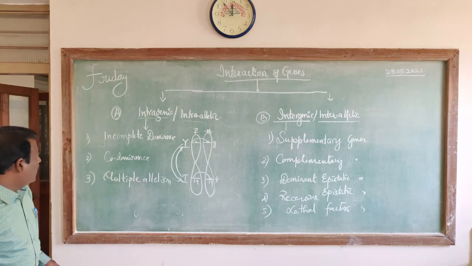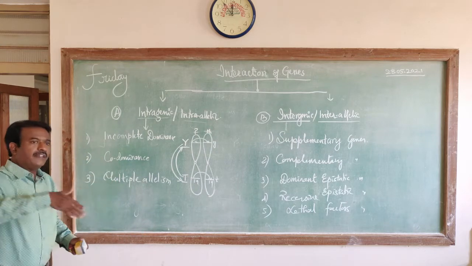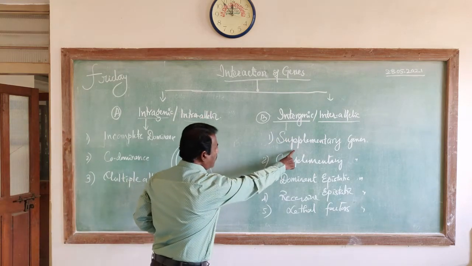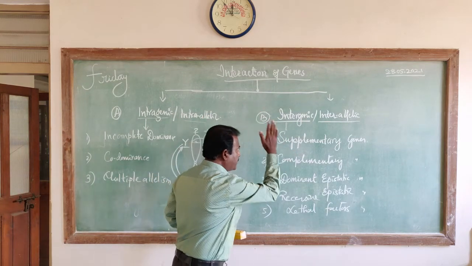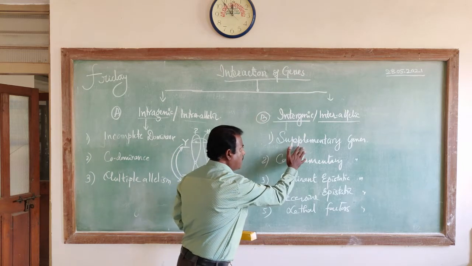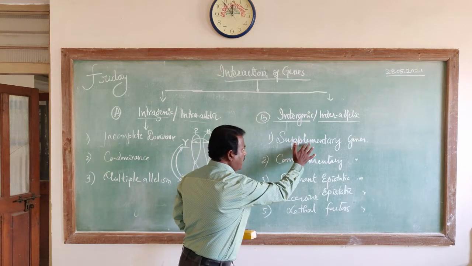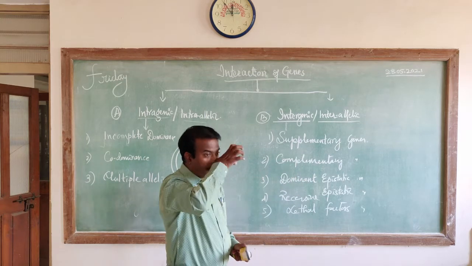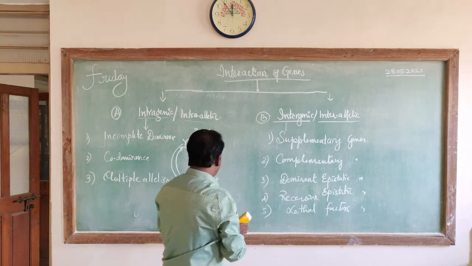We will discuss all this in the next topic, but in this particular topic we are expected to discuss in detail, along with examples, supplementary and complementary genes, then dominant and recessive epistatic genes, then lethal genes, etc.